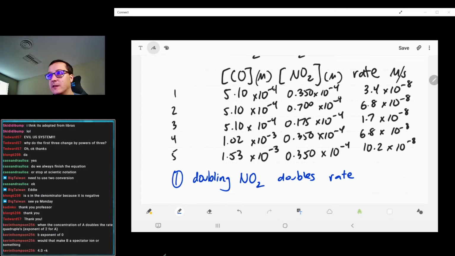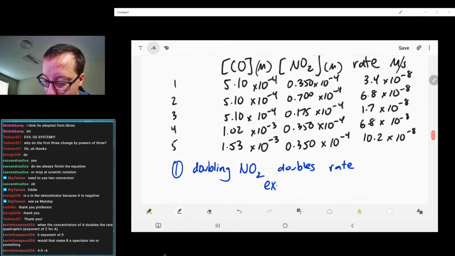And so what does that tell us in terms of what we're expecting for the rate law? That tells us that our exponent should be just 1, right? If we were doubling NO2 and we quadrupled the rate, that would be an exponent of 2.